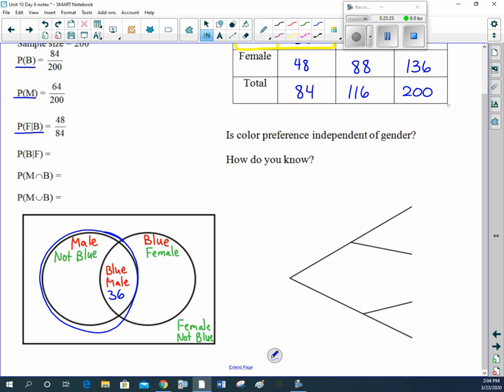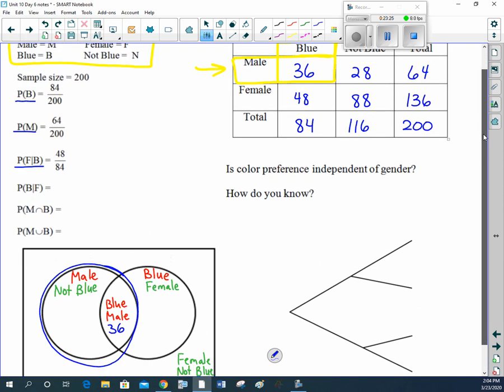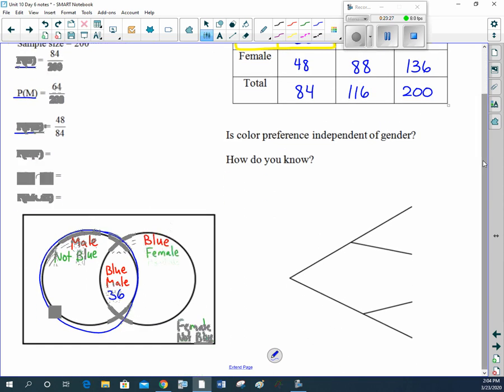Let's go back to our two-way table. Total males is 64. The whole circle is 64, but I already know 36 of them like the color blue. So you've got to subtract the 36 from your 64 to get 28. So the part between the 28 and the 36 should add up to 64.